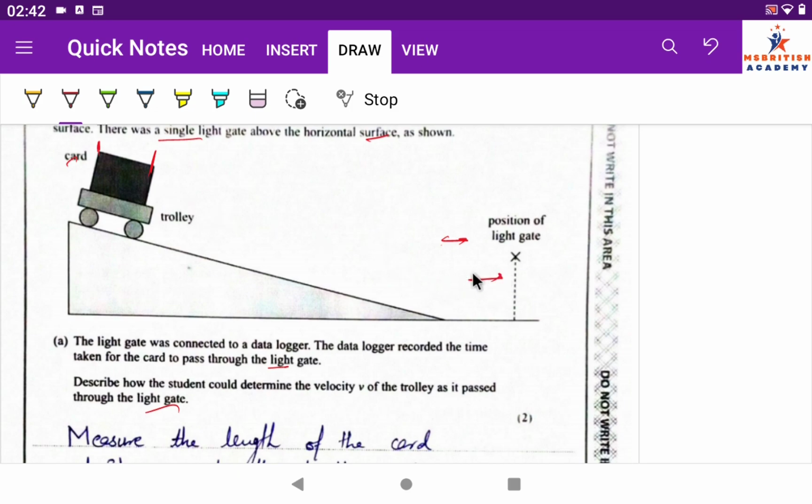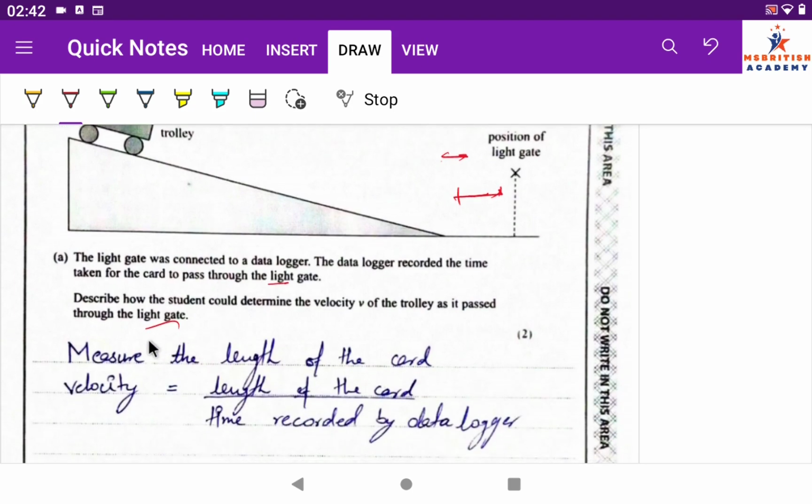It will enter and it will leave, so the distance will be the length of that card. So we find the length of the card and divide it by the time recorded by the data logger. So velocity can be found as the length of the card divided by the time recorded by the data logger.